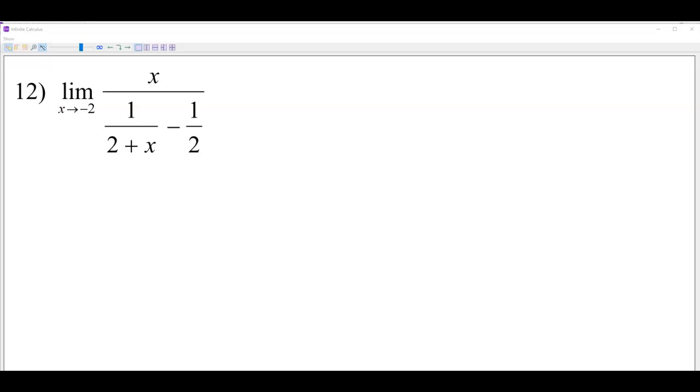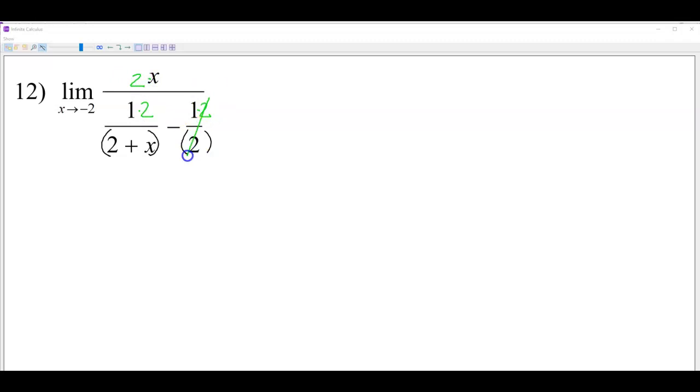And when you have these complex fractions, the way that we solve it is by multiplying everything by the denominators. I've got two denominators here. I've got 2 plus x, and I've also got 2. So let's first of all multiply everything by 2. So I'm going to multiply this by 2, I'm going to multiply this by 2, and I'm going to multiply this by 2.